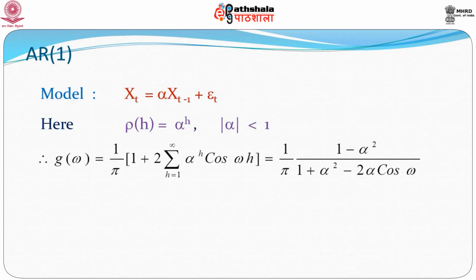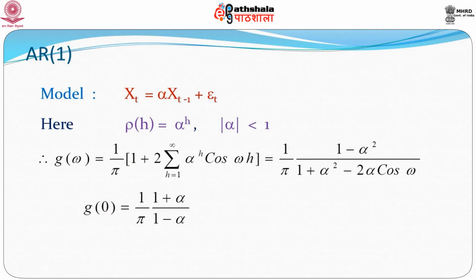Given this, we can get g(omega) as 1 by pi into (1 plus twice summation over h of alpha to the power of h cos omega h), and this after some simplification will come out as 1 by pi (1 minus alpha square) by (1 plus alpha square minus twice alpha cos omega).